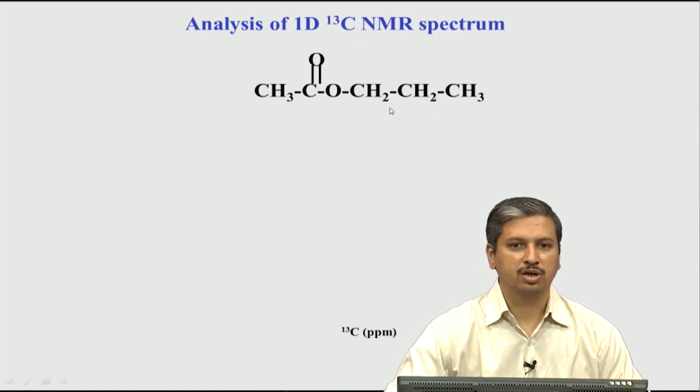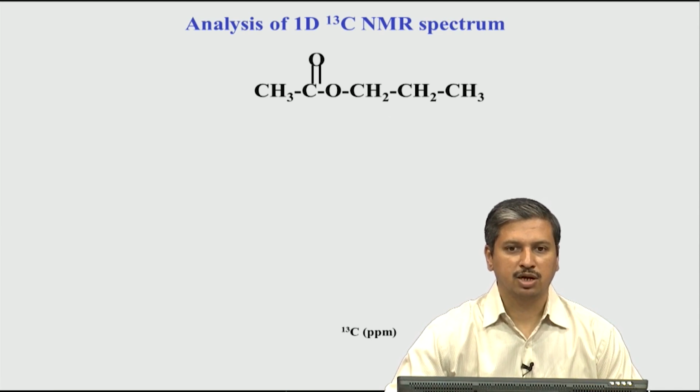Again, some recapitulating: we are basically doing three things in proton and carbon NMR. First, we are trying to predict the chemical shifts of proton or carbon using some rules which we saw. Second, given a spectrum and the structure, we want to figure out, based on the J coupling and roughly the chemical shift value, which peak corresponds to which proton or carbon.